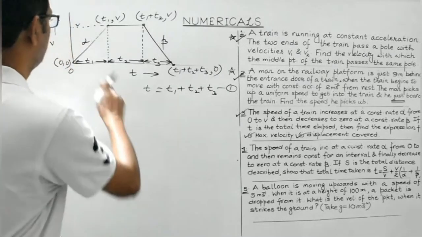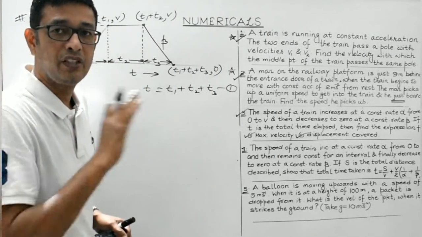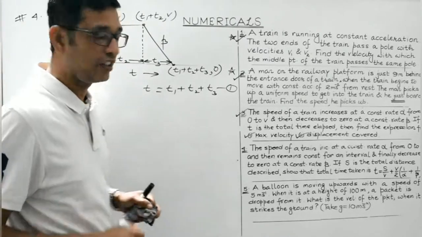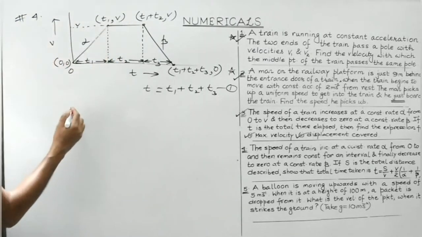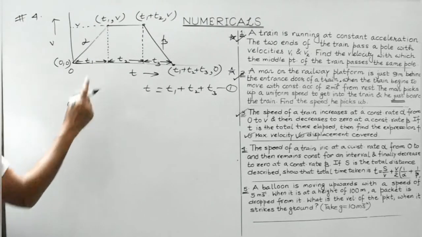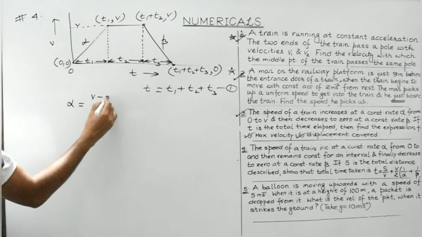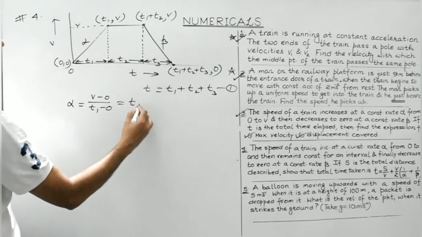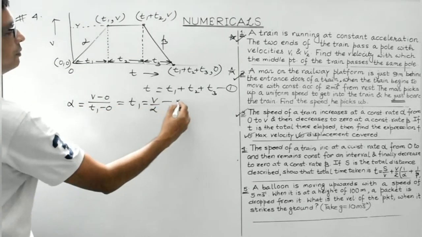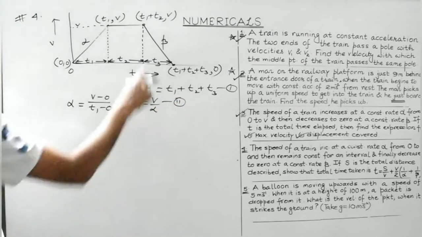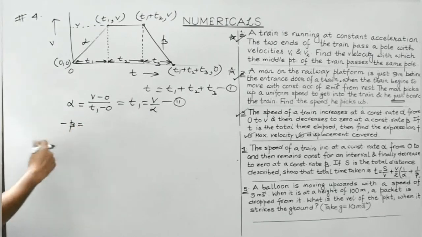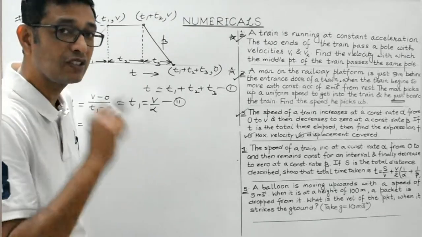So students, as was done in the previous question, the slope of the velocity-time graph will give us acceleration, isn't it? So in the first case, alpha would be (y2 minus y1) divided by (x2 minus x1), so t1 would be equal to v by alpha. Put this as equation number 2. Similarly, this is the retardation, negative slope, so the acceleration is to be assigned a negative sign.